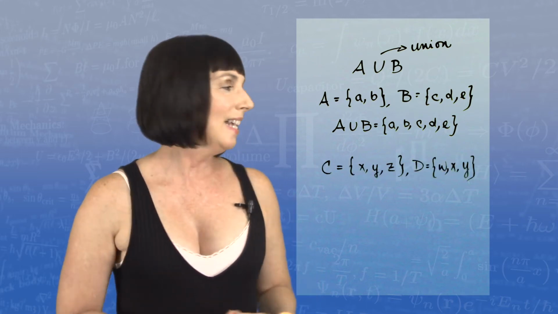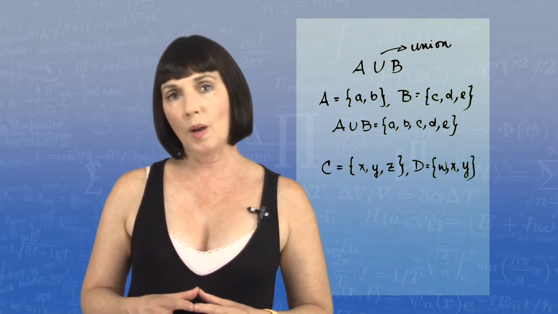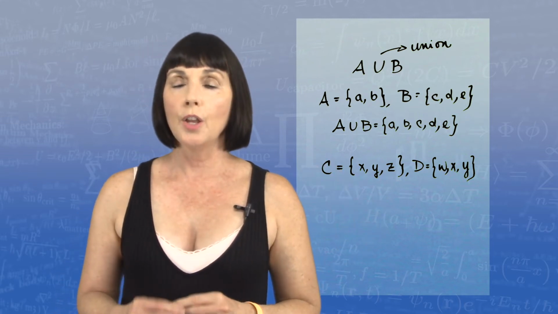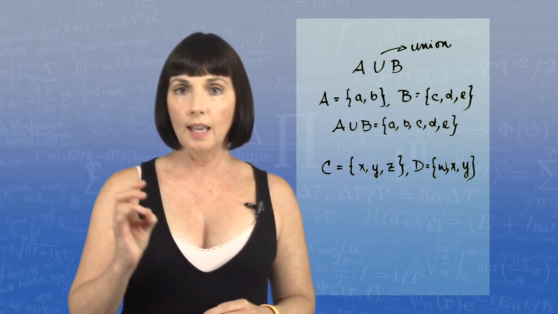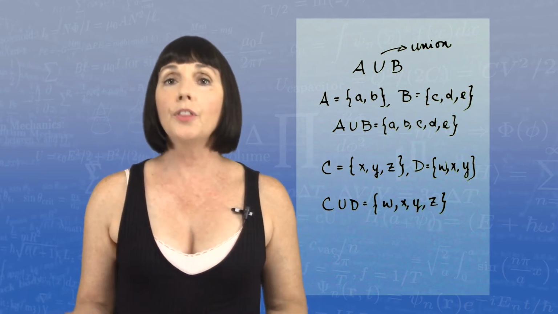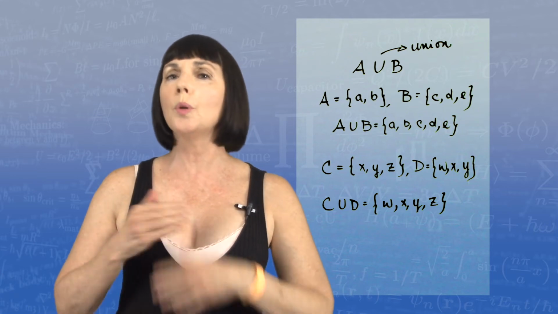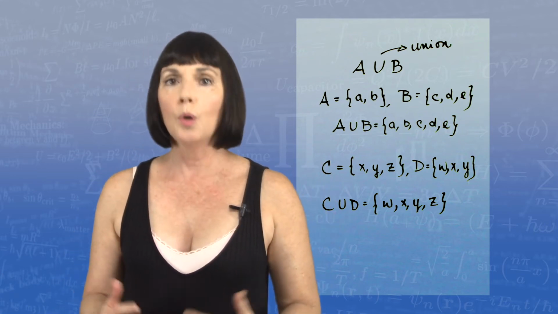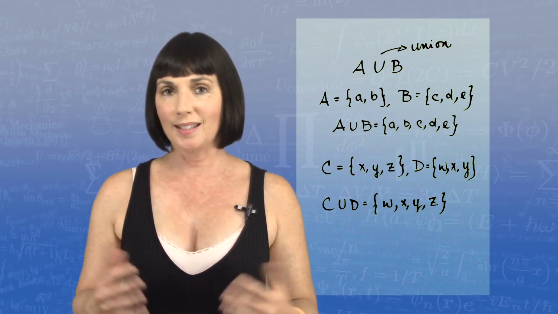Okay, how about this? Set C has the elements x, y, z. Set D has the elements w, x, y. The union of set C and D is {w, x, y, z}. It's everything in both sets, but we don't repeat the elements. We don't write 2 x's or 2 y's. We just write each element once.